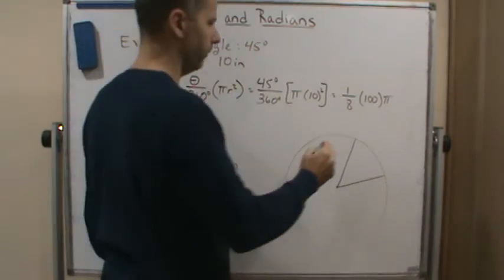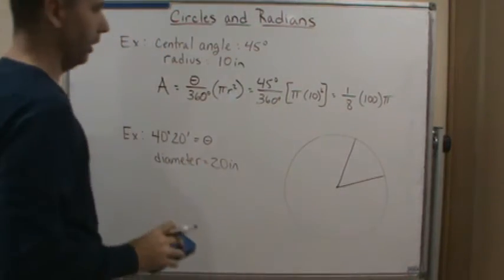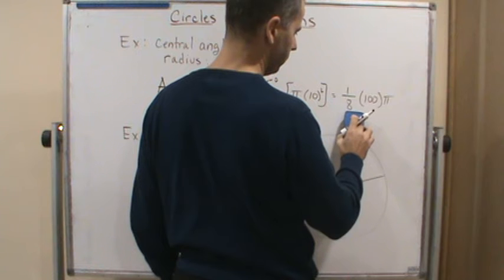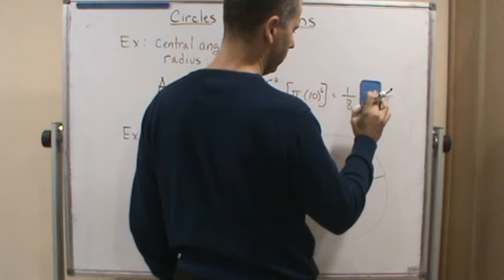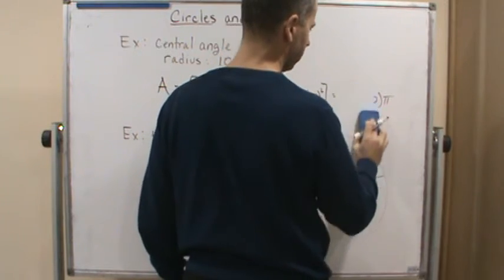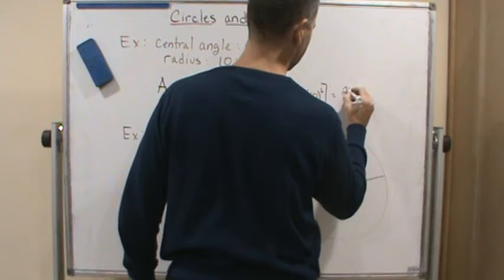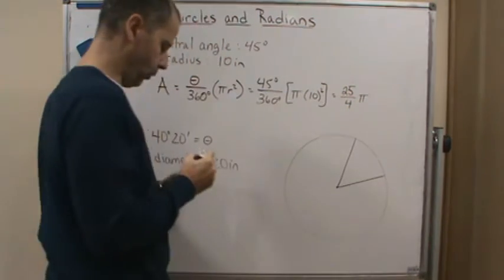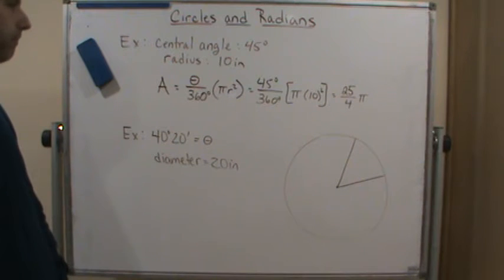Or this simplifies to what? This simplifies to 25 over 4 pi, or 25 times pi over 4.